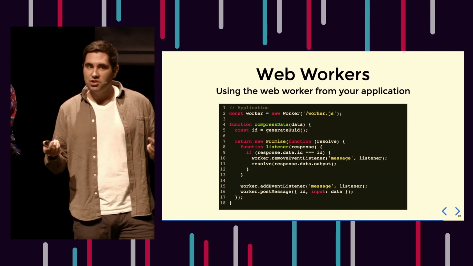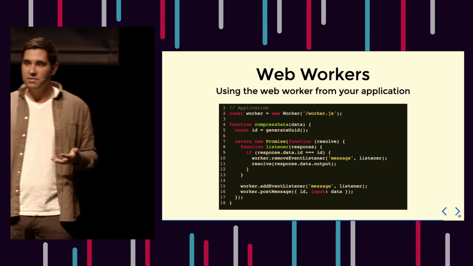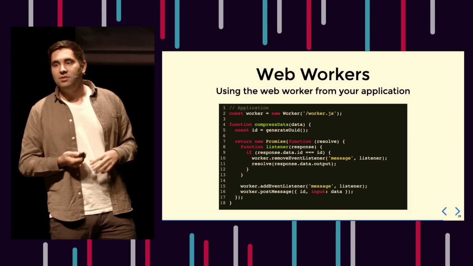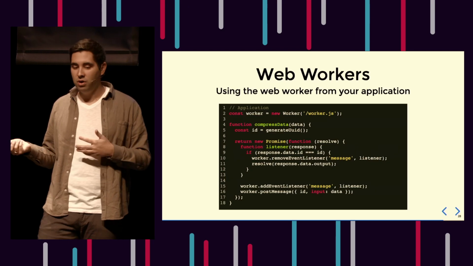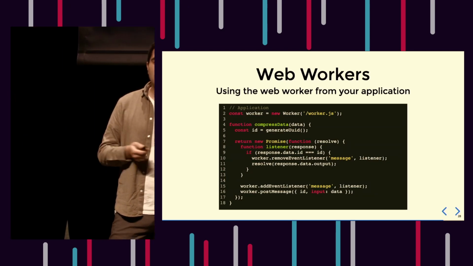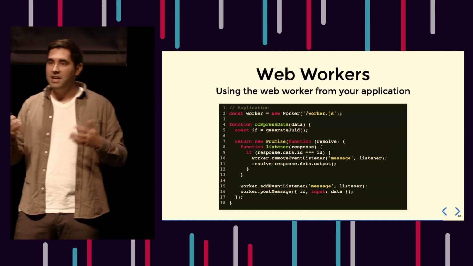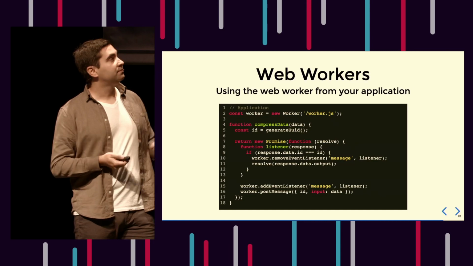And if they match, then I can basically say, hey, this is the response to what I sent. So with a pattern like this, you can have a request-response pattern with a web worker. You can do the same for other stuff. It's not restricted to compression. Anything that's CPU intense, you could outsource it to a worker.